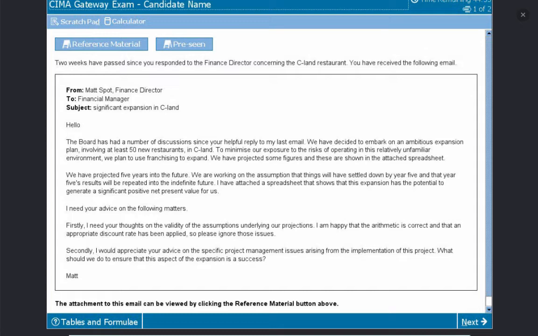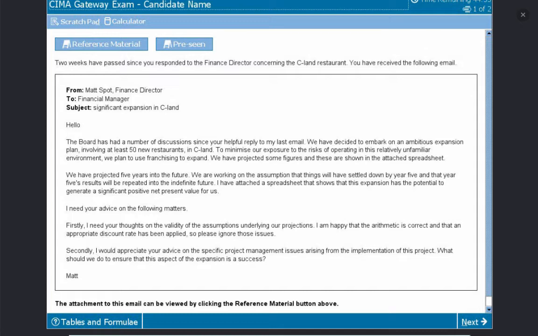We have projected 5 years into the future. We are working on the assumption that things will have settled down by year 5 and that year 5 results will be repeated indefinitely into the future. I have attached the spreadsheet that shows that this expansion has the potential to generate significant positive net present value for us. I need your advice on the following matter.